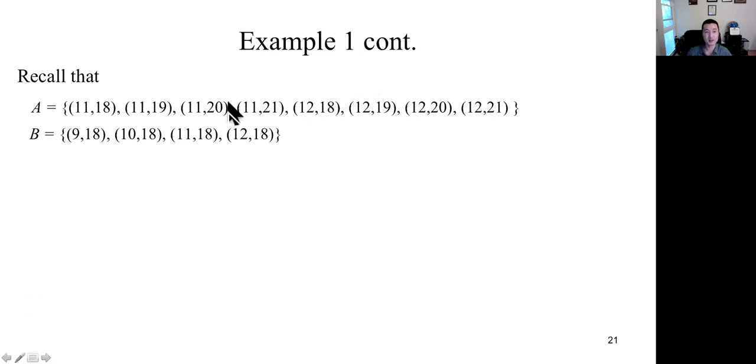So we have the possible outcomes for event A. Event B is the event that the second resistor has resistance less than 19. So we have 4 possible outcomes. Event C is the sum of the resistances is equal to 28, so we have 2 possible outcomes. So those are events A, B, and C.